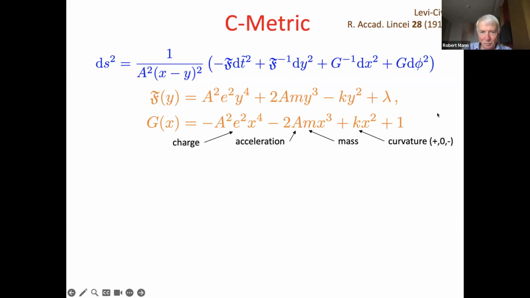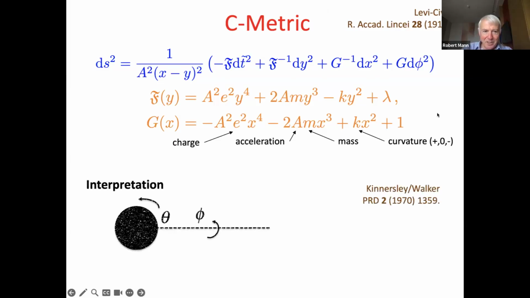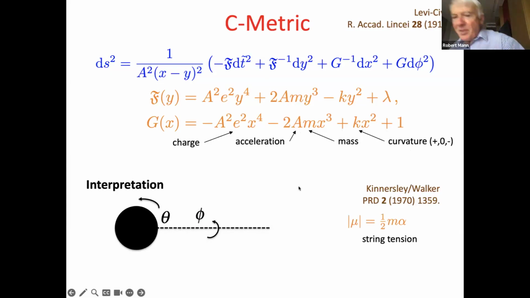And so Kinnersley and Walker showed that this metric, if you let y equal 1 over r and x go like cos theta, can be understood as a black hole accelerating rightward, being pulled by a line of stress energy that can be interpreted as a cosmic string.